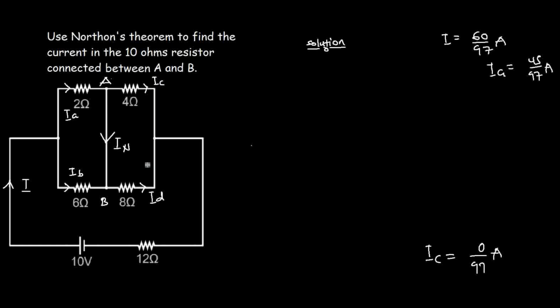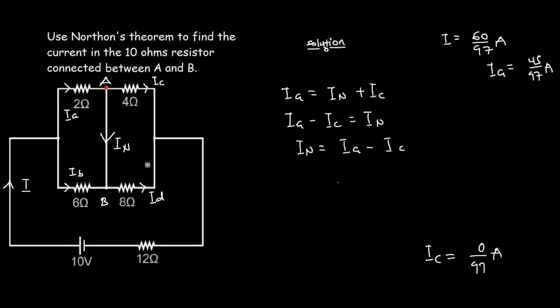Now let's look at the current moving towards this node here. You're going to see that the sum of the current moving towards the node equals the sum of the current moving away from the node. So you have IA equal to IN plus IC. You want to find IN here, so IN equals IA minus IC.